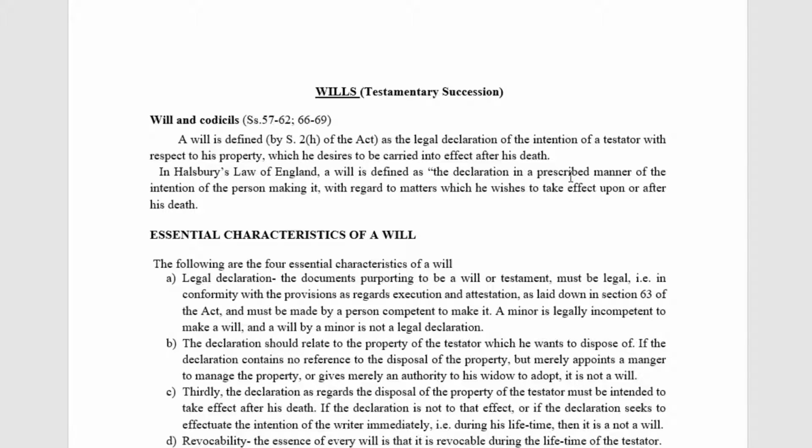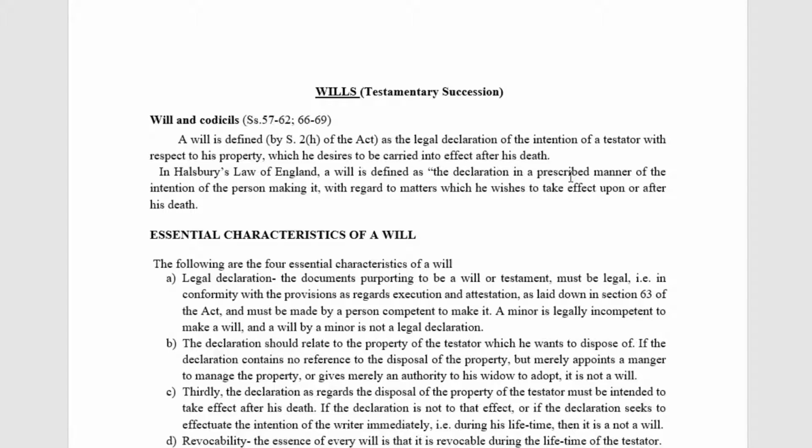So even normally it may be said in the gender he only, but it includes she also. That is the second aspect, that is the intention of the testator with regard to devolution of the property. Next, there should be the legal declaration. That means the intention should be of a legal declaration. And it is needless to say that the legal declaration should be in existence with regard to some property.